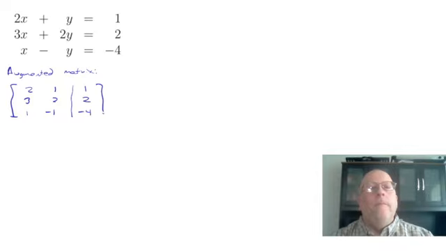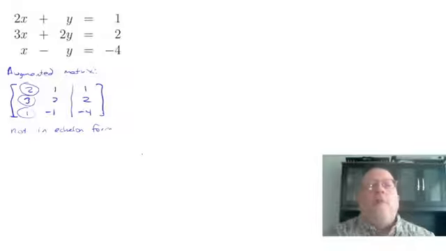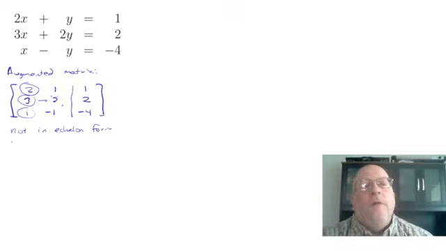My leading entries are in this column, so this is not an echelon form. The first violator is the 3. The 3 needs to be a 0 so that the leading entry is going to be the entry to the right. So the first violation we have to change.